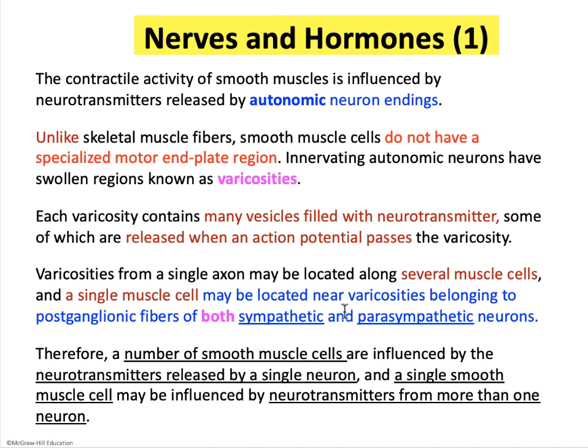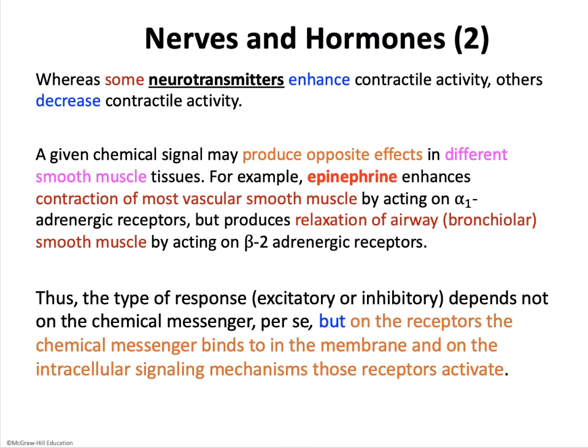In some circumstances, a single muscle cell may be located close to a number of these varicosities belonging to different classes of nerve cells, both the sympathetic branch and the parasympathetic branch of the nervous system. With respect to the interplay between the nervous system and the smooth muscle cells, the relationship can be quite complex. Some neurotransmitters may activate the contractile activity of smooth muscles, others may inhibit. The proportion of the two will then dictate whether and to which degree these particular smooth muscle cells are contracted.